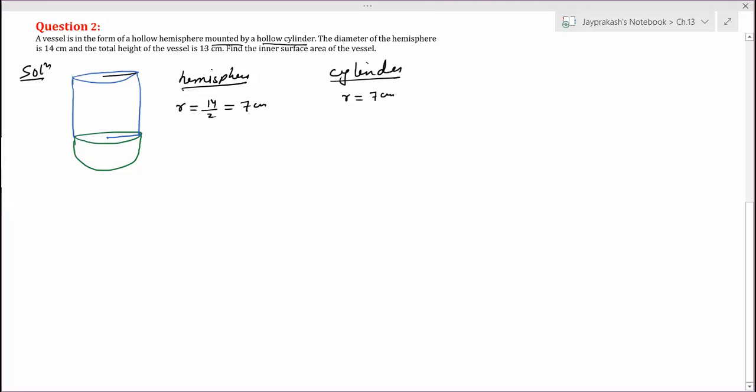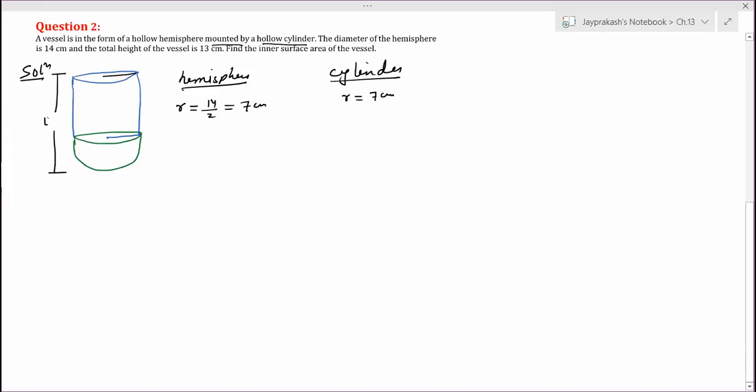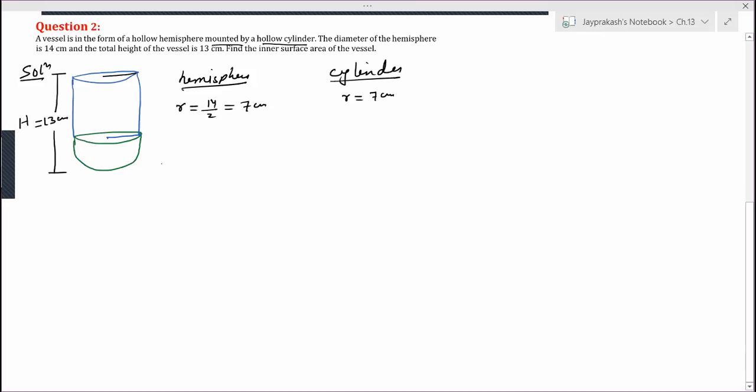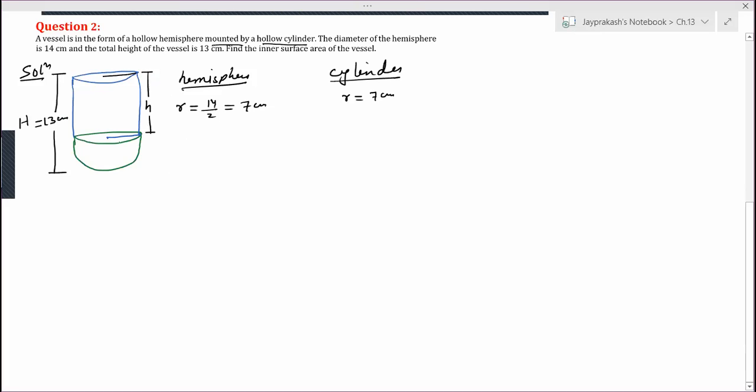Now the height of the vessel. Height of the vessel means from the top to the bottom, till here. It is 13 centimeter, so we take it as capital H. But when we deal with the cylinder, we need only this much height, till here.